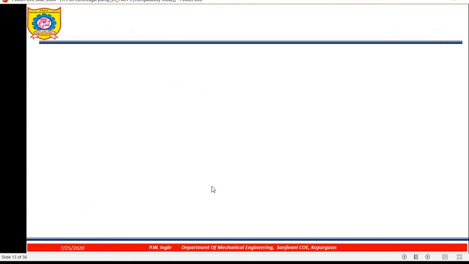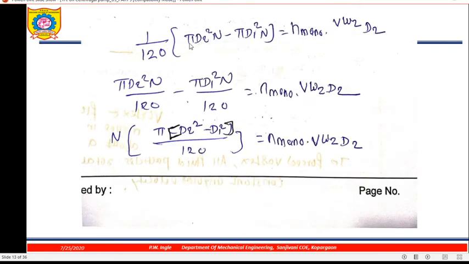By cancelling some terms, you will get 1 by 120 (pi D2 square N minus pi D1 square N) equals manometric efficiency into VW2 into D2. So pi D2 square N by 120 minus pi D1 square N by 120 equals manometric efficiency into VW2 D2. So you are getting finally this.